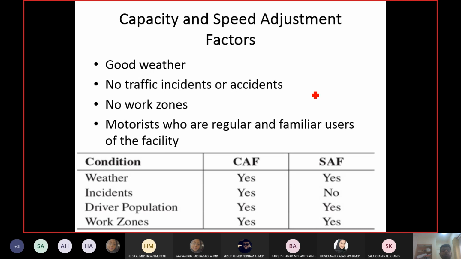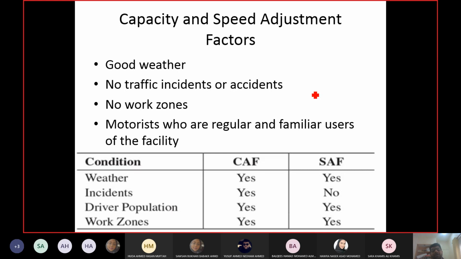If you don't have any work zone, this is a base or ideal condition, so no adjustment factor is required for speed and capacity. If all the drivers and motorists are commuters, regular users, again no adjustment factor is required for speed and capacity.